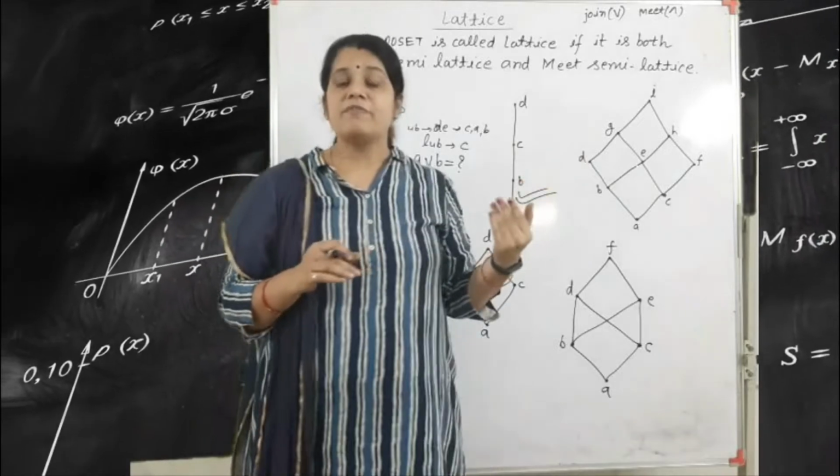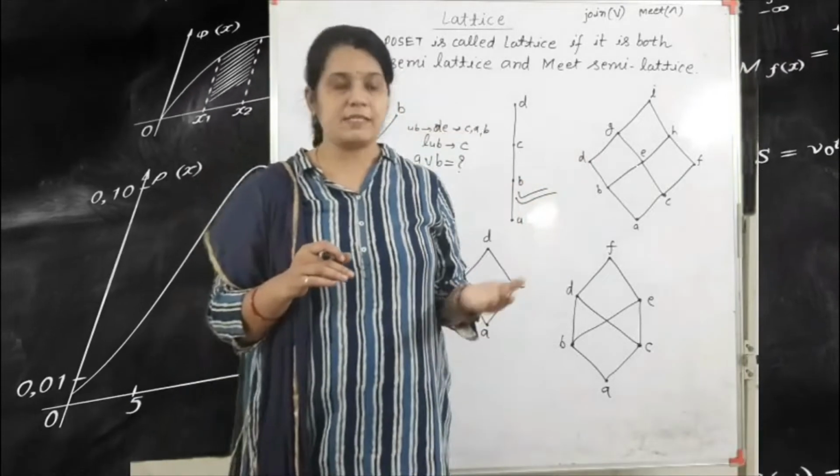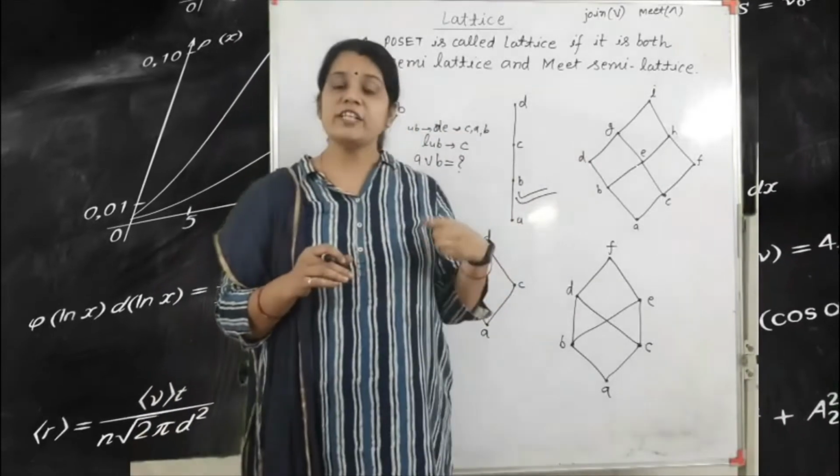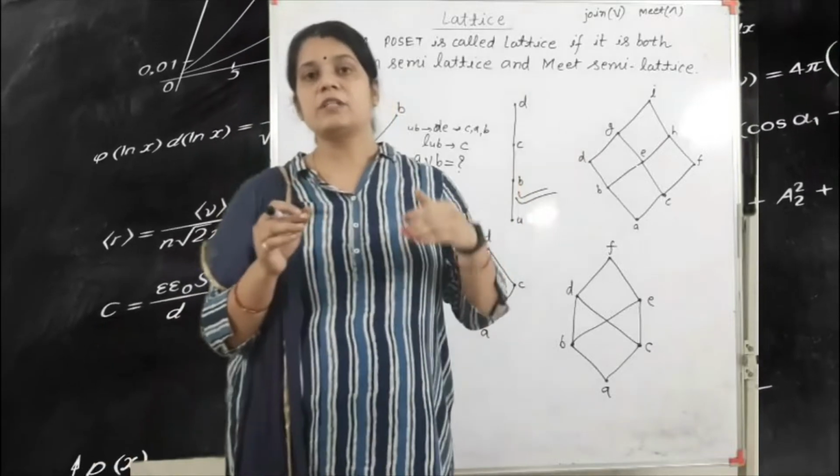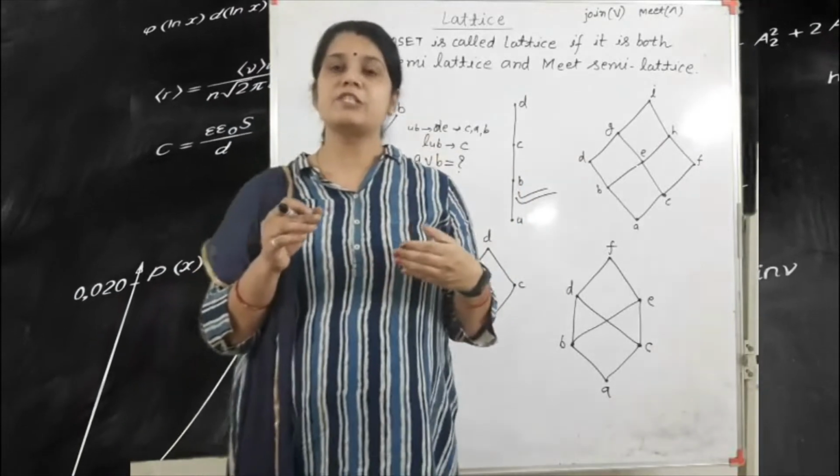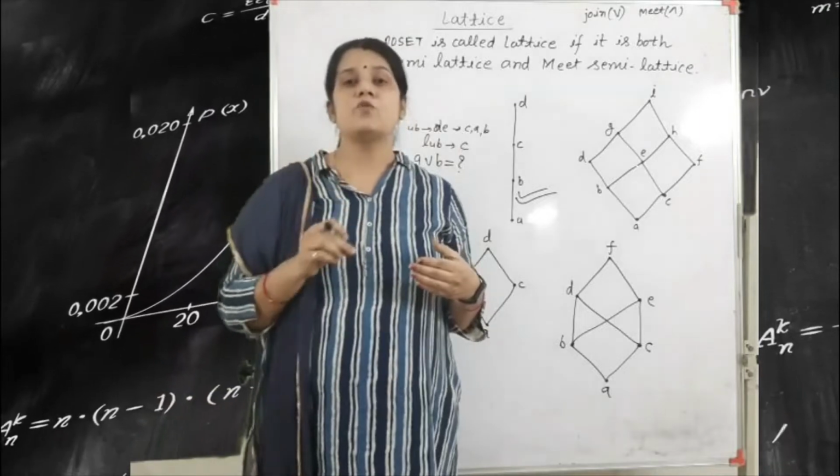Next, we find the meet semi-lattice. For the meet semi-lattice, we find the lower bounds, and after that we choose the greatest lower bound.